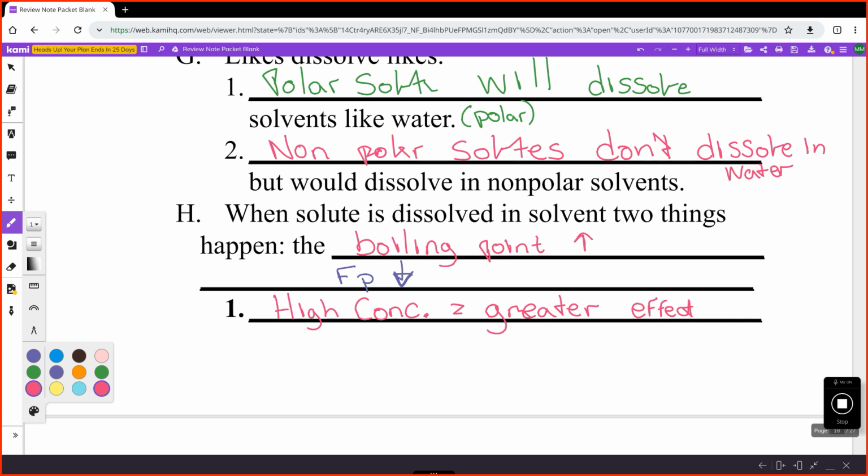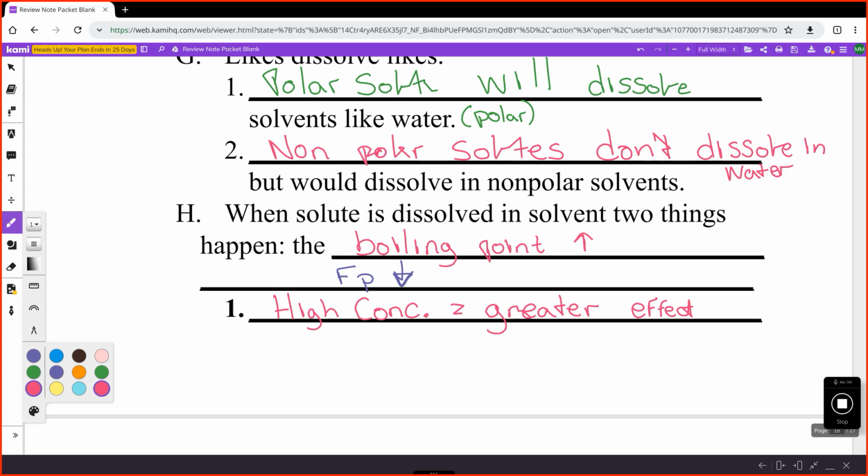So if you put some salt on your driveway and the temperature drops and it freezes again and you add more salt, it will then eventually liquefy again. It's not melting, right? It's just preventing it from freezing.